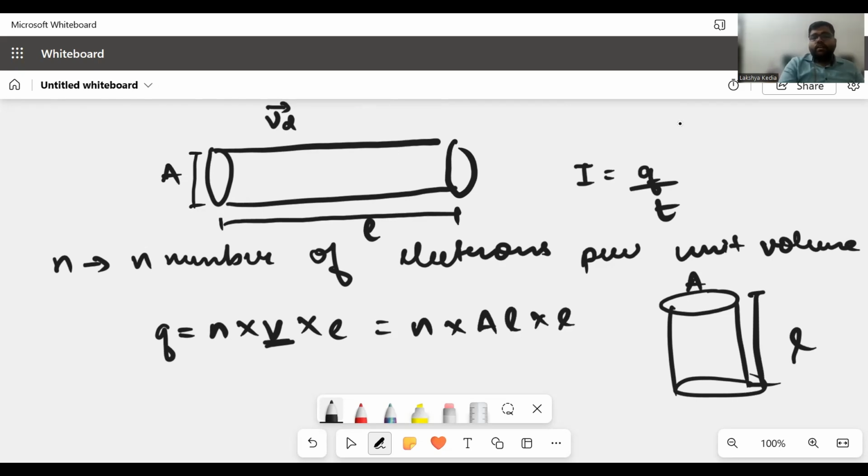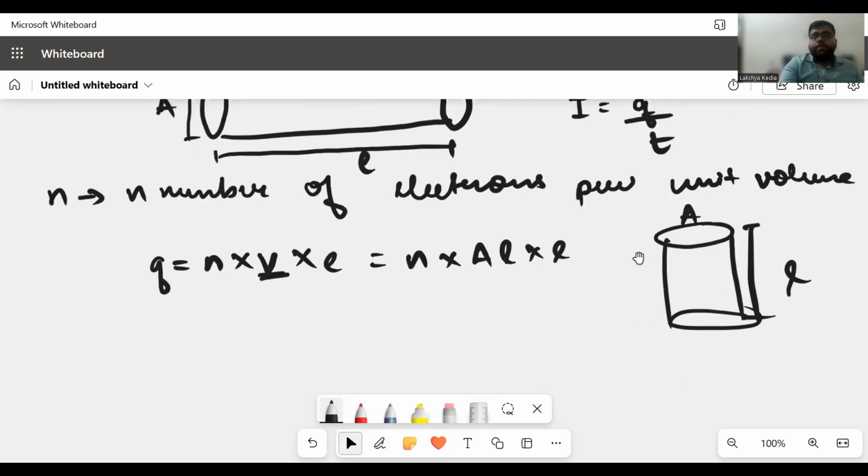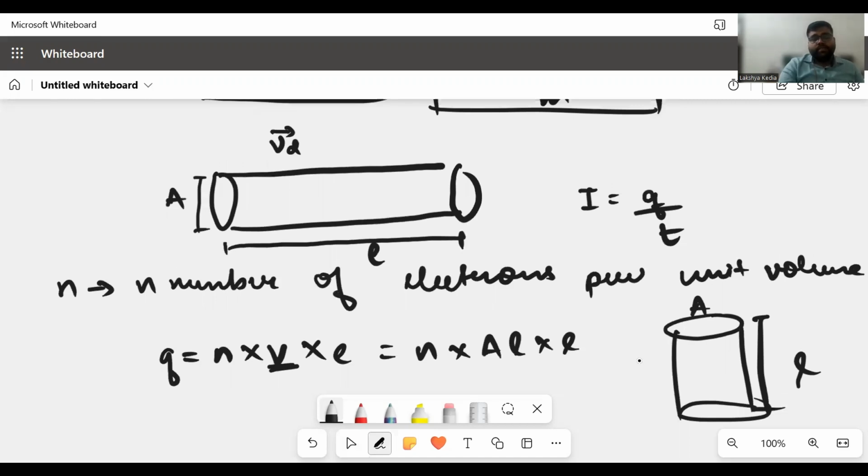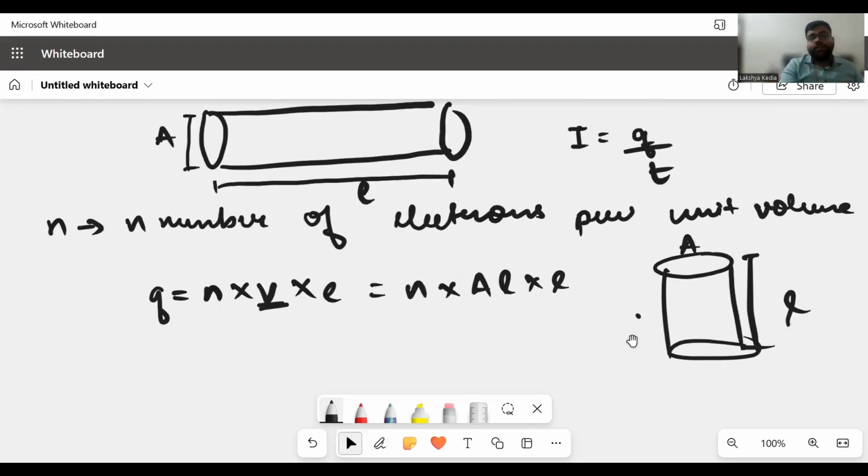So this is the value for Q. So why did we multiply volume? Because we didn't take n as the number of electrons present there, but we took it as the number of electrons per unit volume present there. So this is the difference between what we generally take n as and what we have taken here.